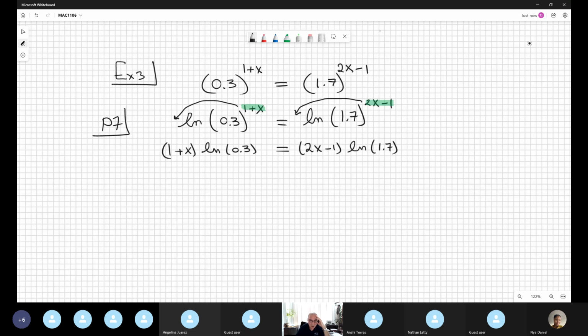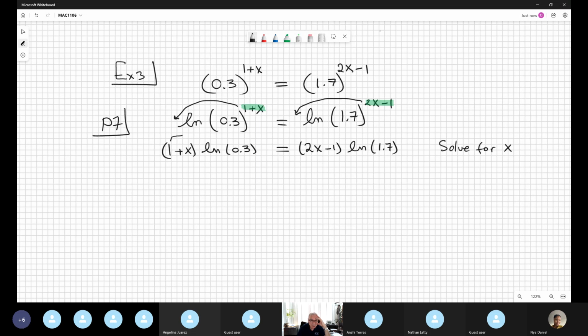But what is my goal? My goal is to solve for x. I need to manipulate it like a linear equation. So you apply the distributive property, why not?